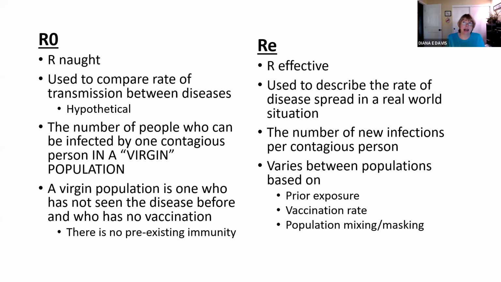So if we look at the R effective for COVID, when it was new back in 2020, it had a higher spread than it does nowadays. When we went through the Omicron surge, that was a nasty surge. We also saw a higher R effective than at the times between these surges. Right now, numbers are pretty low, and the R effective is pretty low.